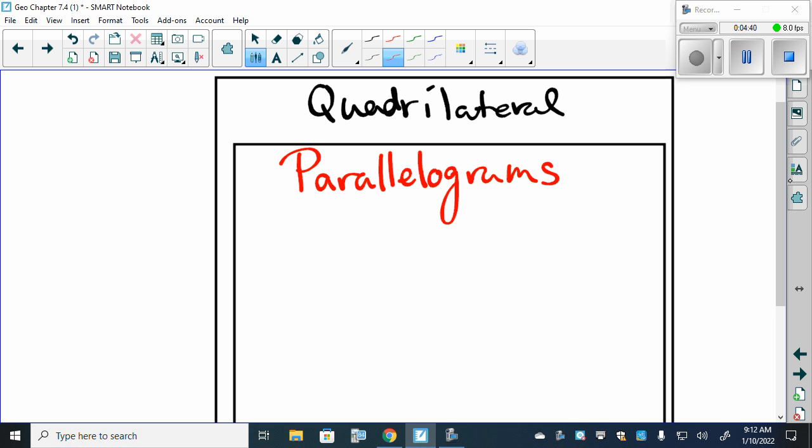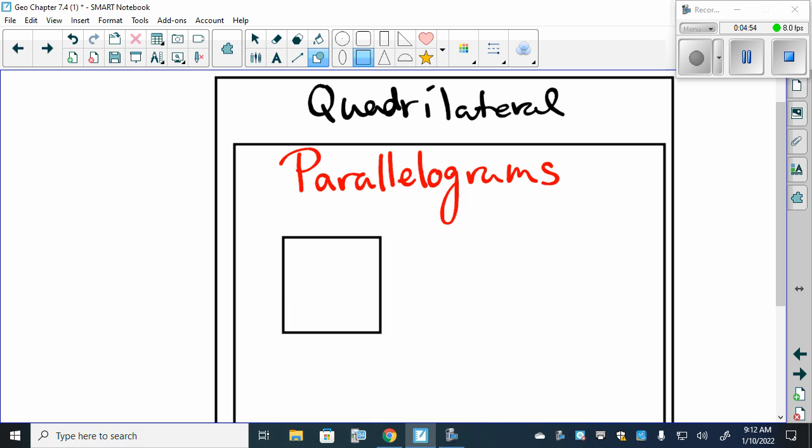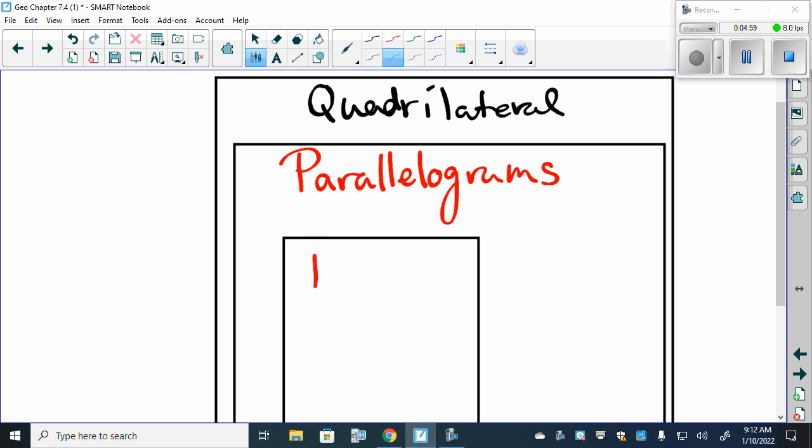Now, as we just said, squares, rhombuses, and rectangles are also quadrilaterals and parallelograms, yes? So we can say inside parallelograms that we have the category of a rhombus, because a rhombus is a parallelogram with four congruent sides.